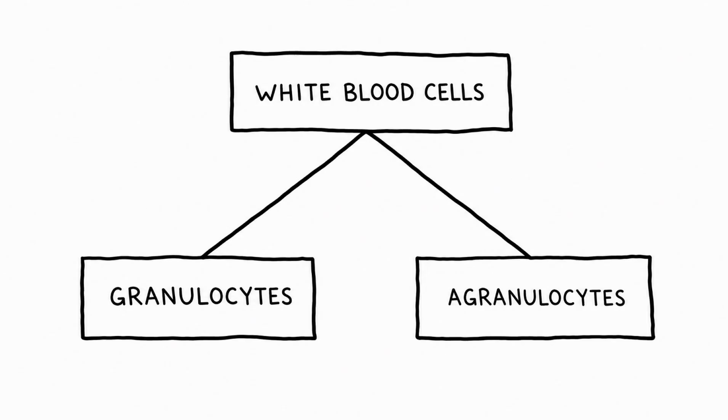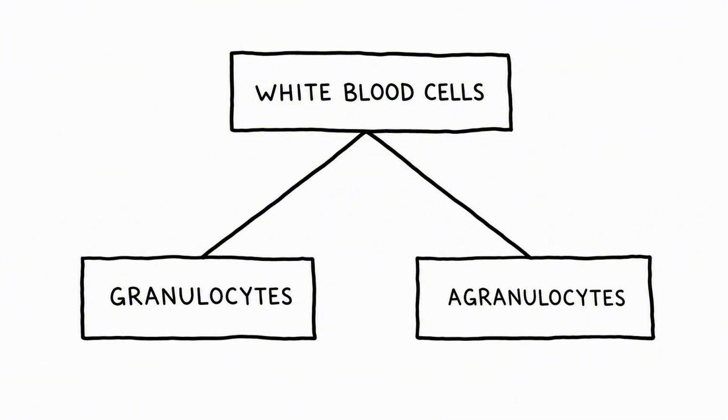There are different types of white blood cells. There are 5 types. We have granulocytes and agranulocytes. Granulocytes contain granules and have a very short lifespan, whereas agranulocytes really don't have these granules. Okay. Sorry.